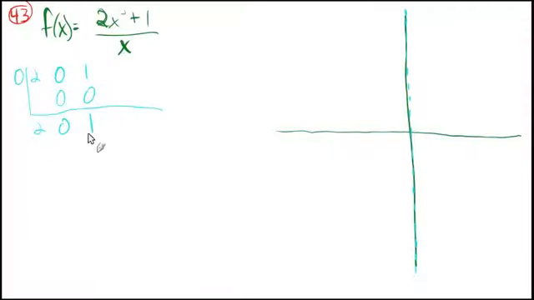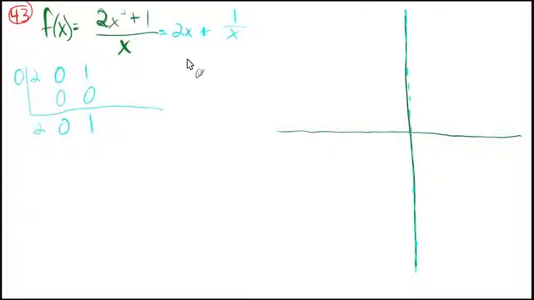So we have 2x squared plus 1 equal to this new polynomial, which is 2x, no constant, plus 1 over x. And that 1 right there is the remainder. It's like that little piece that still needs to be divided by x, and that's what we're showing is happening.